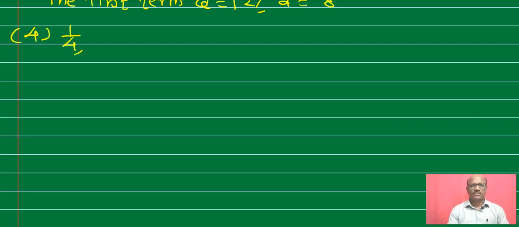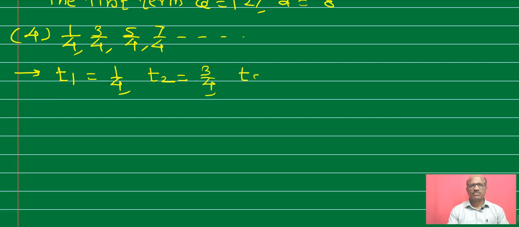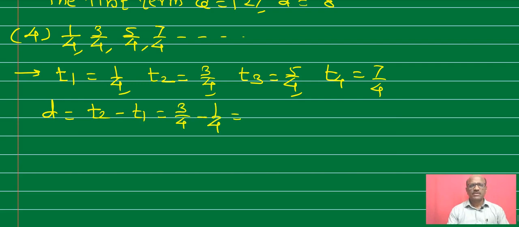Number 4, 1 by 4, 3 by 4, 5 by 4, 7 by 4. Now next, T1 is 1 by 4, T2 is equal to 3 by 4, T3 is equal to 5 by 4, T4 is equal to 7 by 4. D is equal to T2 minus T1, 3 by 4 minus 1 by 4, that is 2 by 4, 1 upon 2.